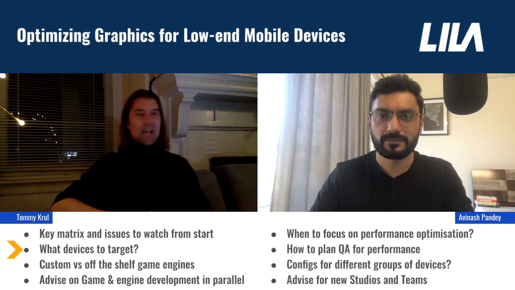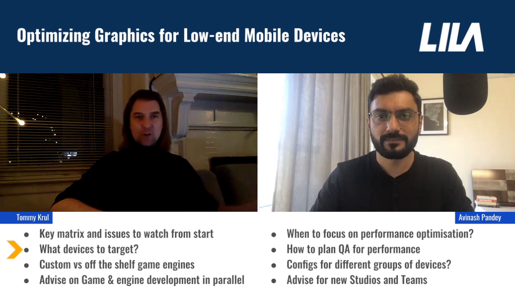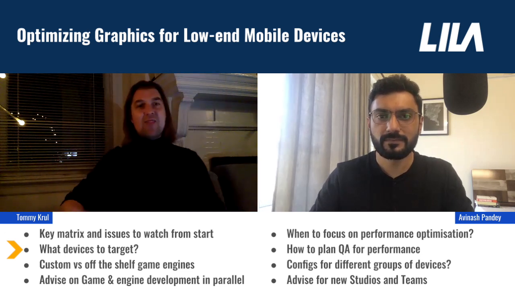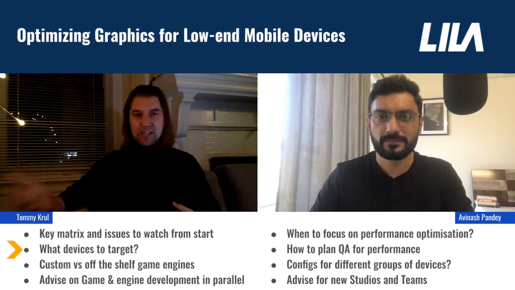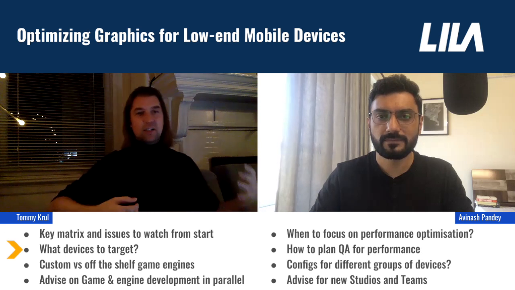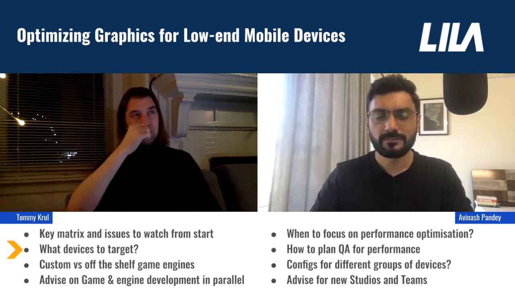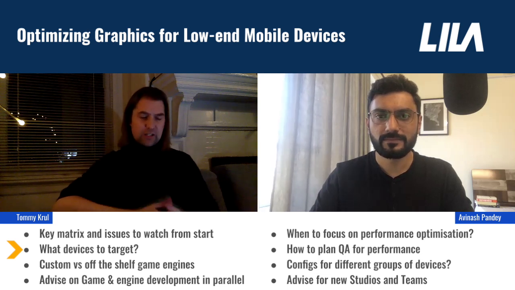I can say, okay, an iPhone 6 class phone is my low spec, and an iPhone 12 maybe is my high spec. And I can use that as a reference frame, and it means basically the same to any team in the world, to any other engineer. I can just tell them, go and get this phone and use this as your min spec, and that phone as your high spec. I like to do that, and I think that's convenient.